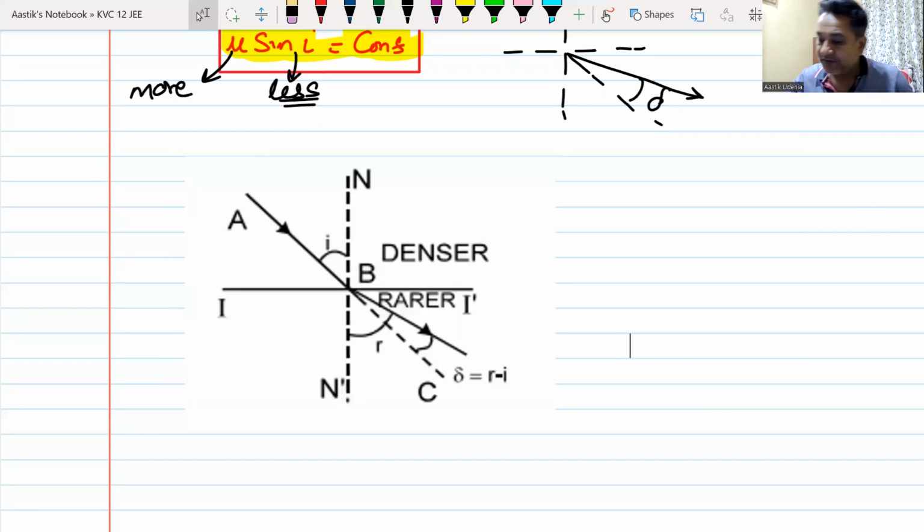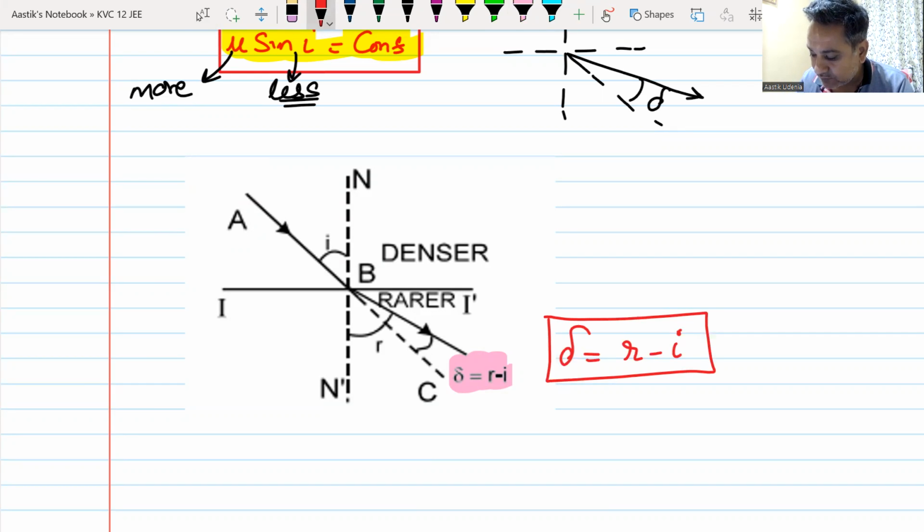Do you see this deviation? This is the angle through which the ray has bent. Original ray was dotted. It has bent away from the normal. The deviation angle is r minus i. Do we understand this?